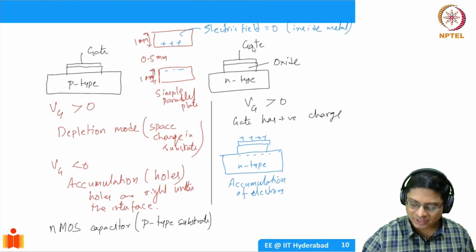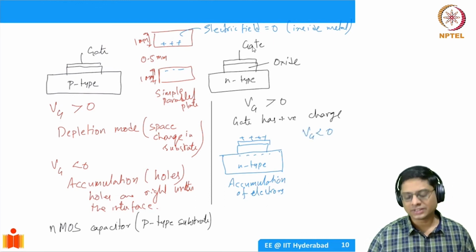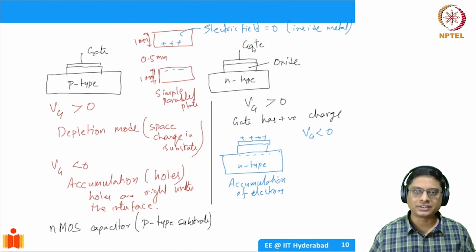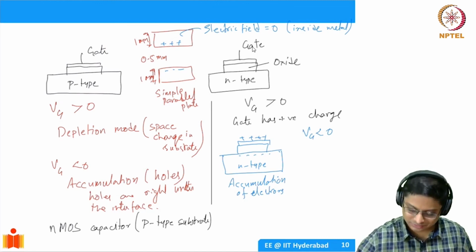And if you apply Vg less than 0, what happens? Well, Vg is less than 0, then the gate has a negative charge, and that will repel the electrons away from the interface, and you have depletion.